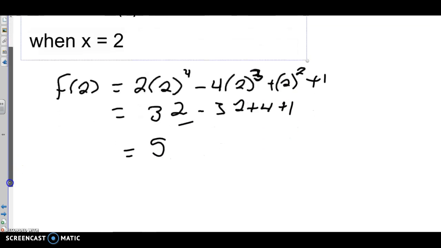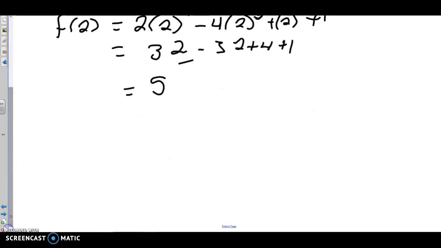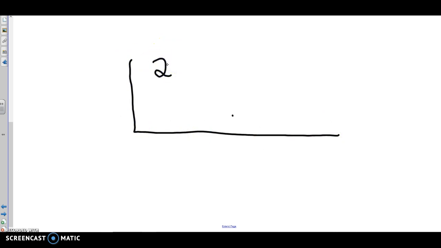What this synthetic substitution method allows me to do is work with the coefficient of each term. My coefficient of the first term is 2 because it's 2x to the 4th. Then I have negative 4 because it's negative 4x to the 3rd.